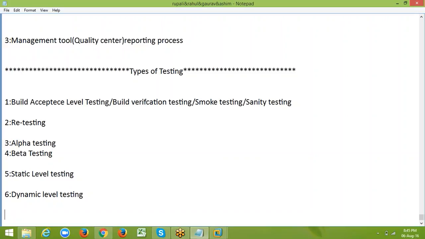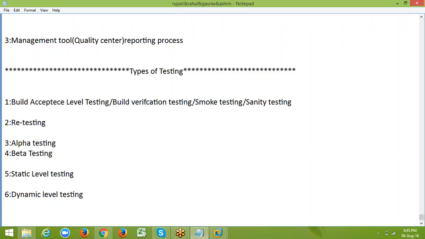We already discussed static: without performing any actions, right? We are not going to perform any actions on the application. Just by looking at the application and testing the system, that is called static level testing.